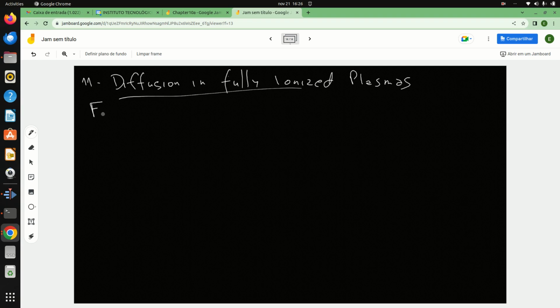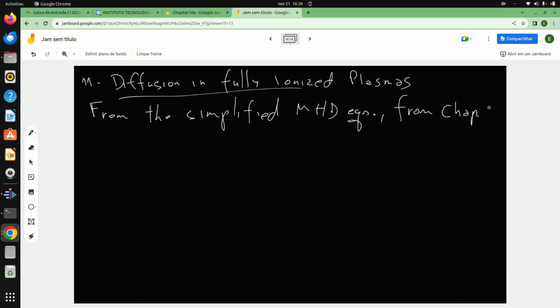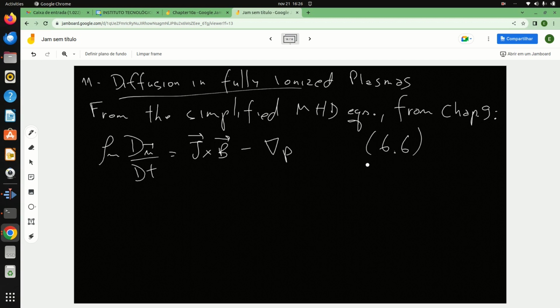So from the simplified MHD equations from chapter 9, we have this: rho m du dt equals J cross B minus gradient of P, the momentum equation. That was 6.6 in chapter 9.